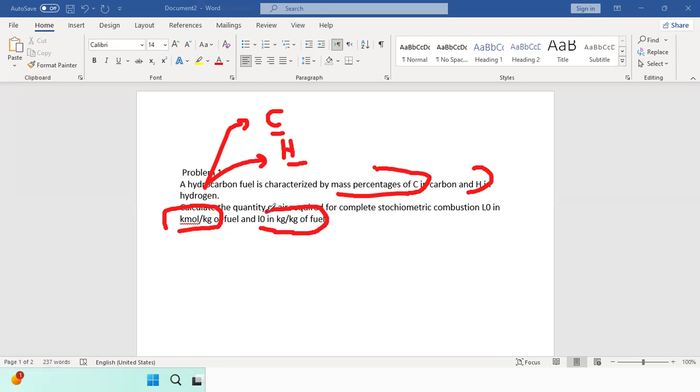So first, to be able to answer this question, we need to know what are the main reactions that will take place. We already have seen together in chapter 4 that for complete combustion, we have first carbon plus O2 will give us CO2.